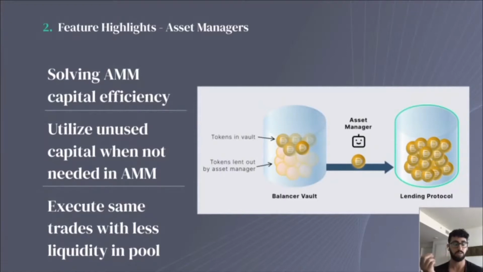In Balancer v2, any pool can have an asset manager, which is an external smart contract that is nominated by the pool to have full control over its tokens. An asset manager's job is to determine a safe amount to withdraw and use elsewhere while maintaining enough liquidity in the pool to fulfill trades.